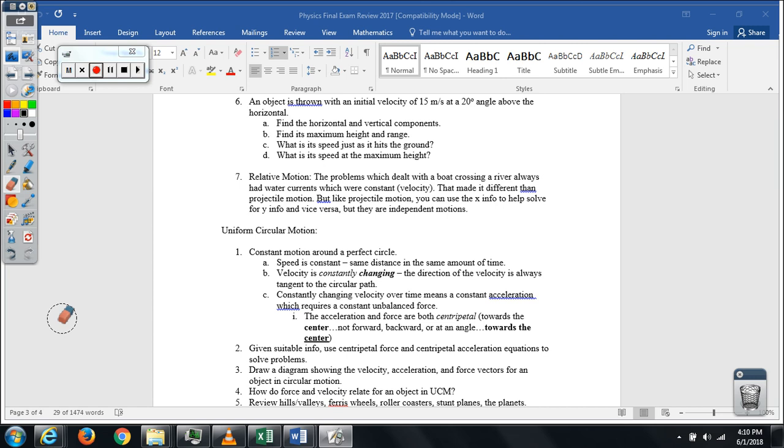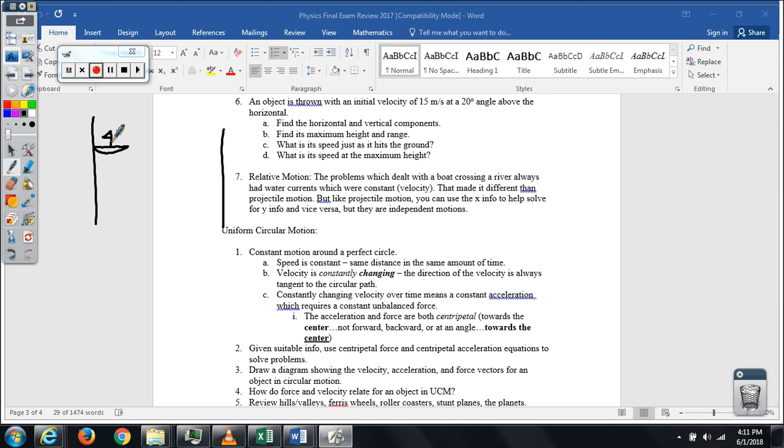And that is because of the forces that are involved and so on. But if we know that there's constant velocity any which way we're talking about, then we can use the constant velocity formula.